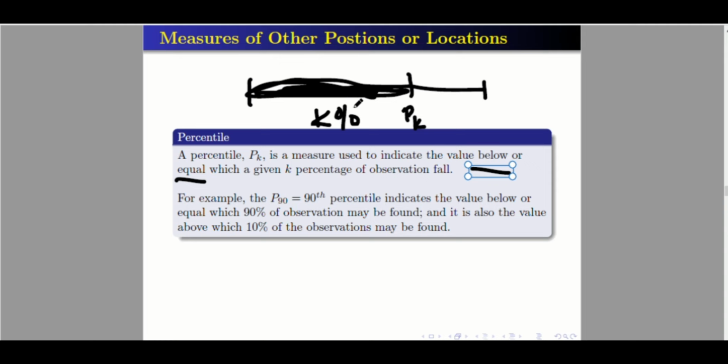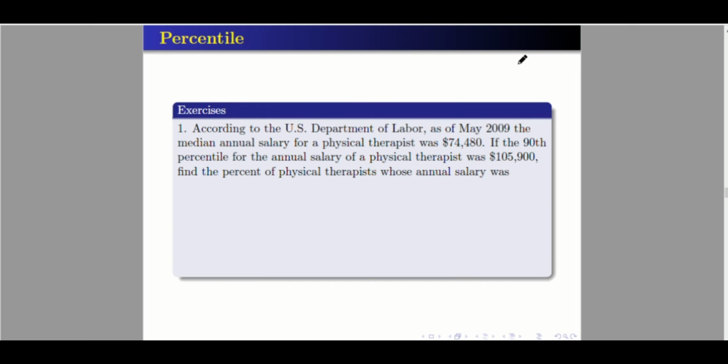For example, the 90th percentile, or P sub 90, indicates that 90% of the observations are found below or equal to it. Meaning above is 10%. So let's have some exercise.